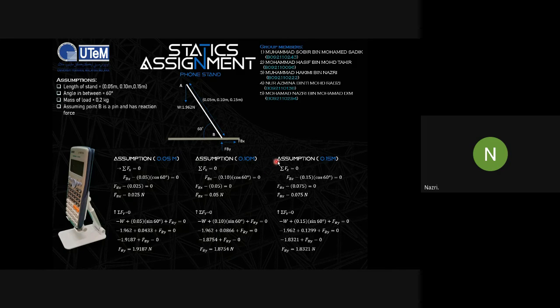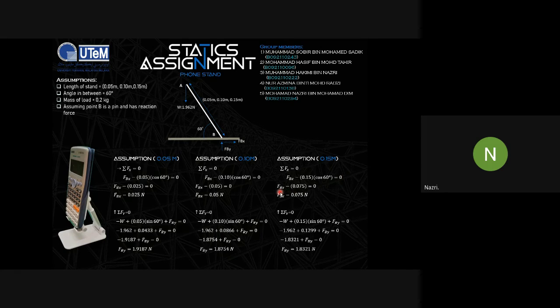For my part, I would like to explain about the assumption of 0.15 meter. Reaction force in the x-axis equals 0. Reaction force B in the x-axis minus length of stand, which is 0.15, multiplied by the angle in between, cos 60 degrees, equals 0.